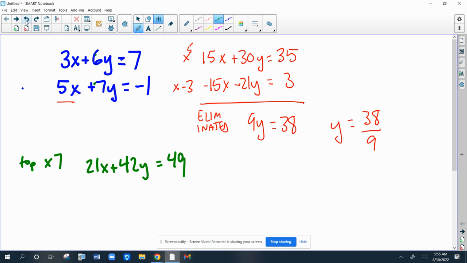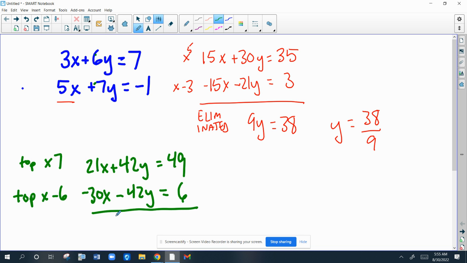But you'll get used to that, or you may already be used to it. But anyhow, I digress. I'm multiplying the bottom by negative 6. So I will get negative 30x and then minus 42y. So I've done it. I'm going to eliminate those y's, equals positive 6. And then add these together.